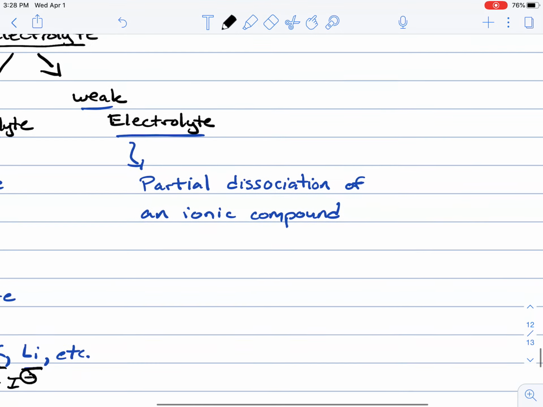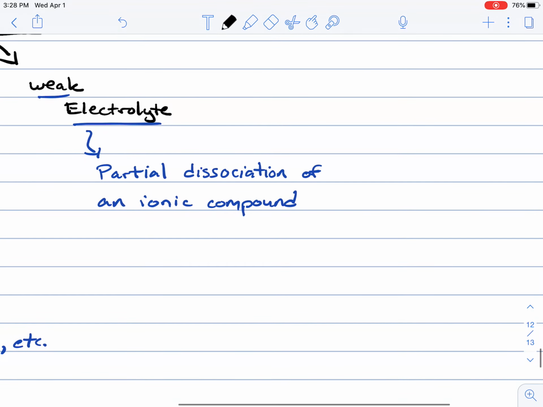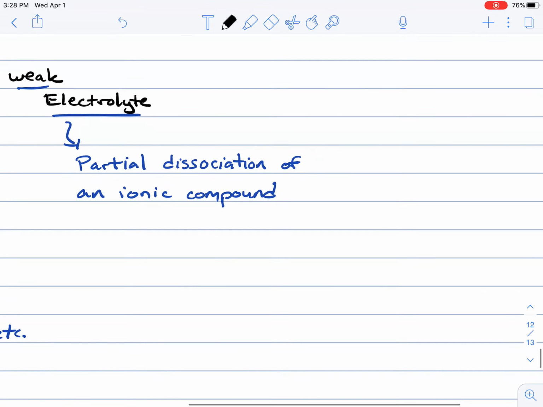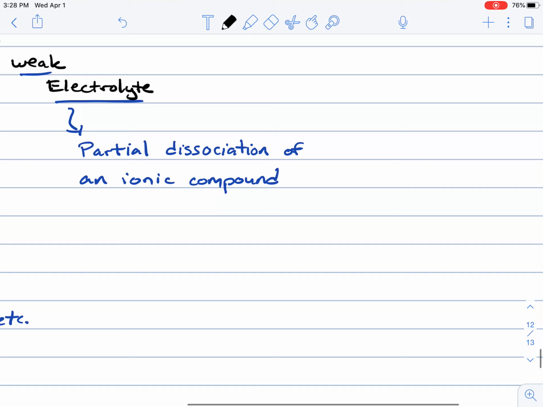For weak electrolytes, they have partial dissociation of the ionic compound. In other words, if you have like 100 of a weak electrolyte, maybe like 10 of the 100 will dissociate, while the rest, the 90, stays as is. So it doesn't dissociate, it's just there.